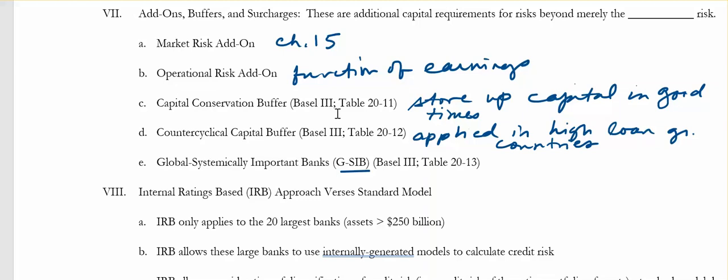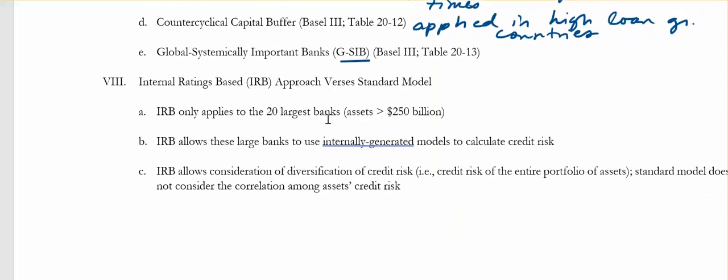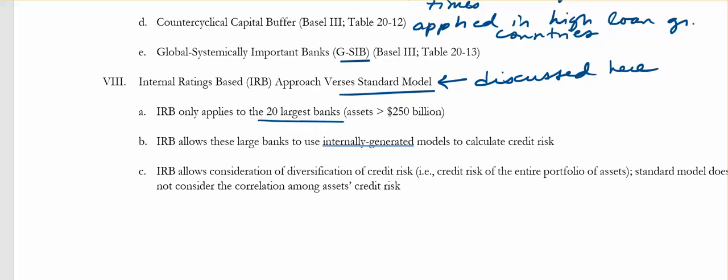Now, one controversy that usually comes up with community banks is that everything I've discussed so far is what's called the standard model. All right, so that's discussed here. And you might notice it's one size fits all. But there's an alternative way that capital adequacy or required capital can be calculated, and that's what's called the internal ratings-based approach, which applies to the 20 largest banks.